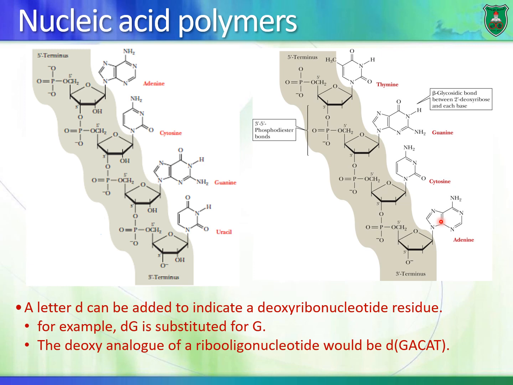Okay. So if I ask you what is the sequence of the nucleic acid on the left, you say it's adenine, cytosine, guanine, uracil. Or you can say it's A, C, G, U. So you can use the abbreviations, okay?